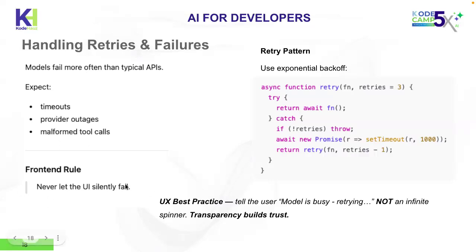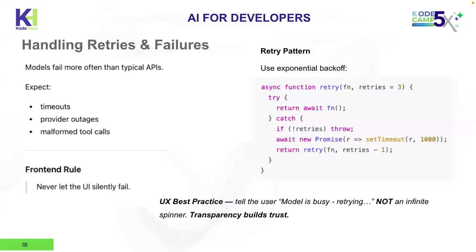So the rule is never let the UI silently fail. That's another thing, right? When you're handling all of these things in the background, don't handle them silently. Send a message to the user. If possible, give as good a message as possible. One of the key things we talked about last week when talking about UI/UX design for AI-enabled tools is transparency.